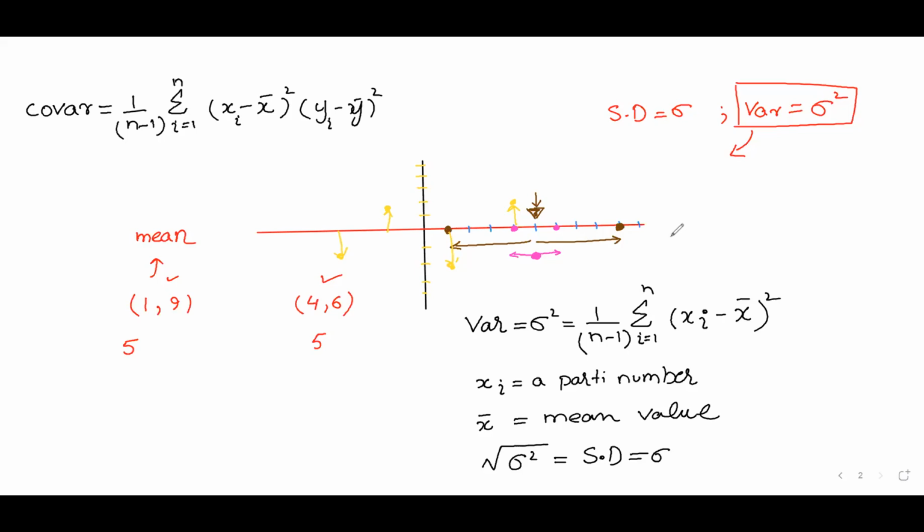Median is the centered value, and variance tells us how my data is distributed from the mean point. The standard deviation is the same thing, but it is the square root of the variance. And in covariance we take the impact from the x direction and the y direction as well. So it is 2D.